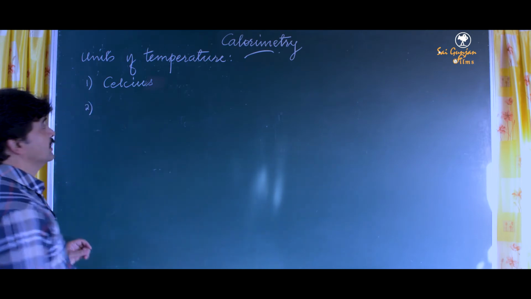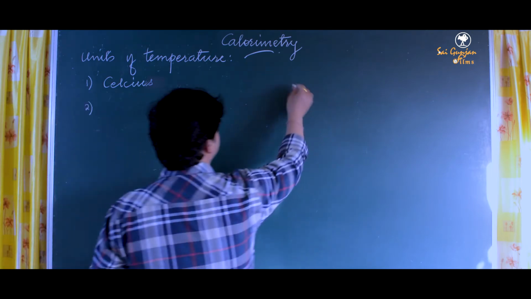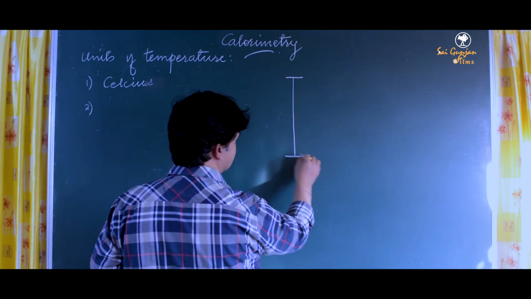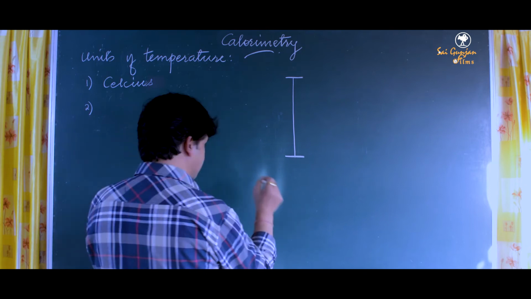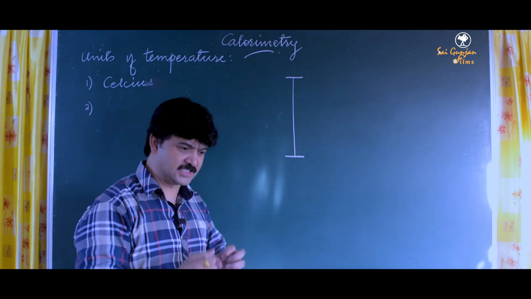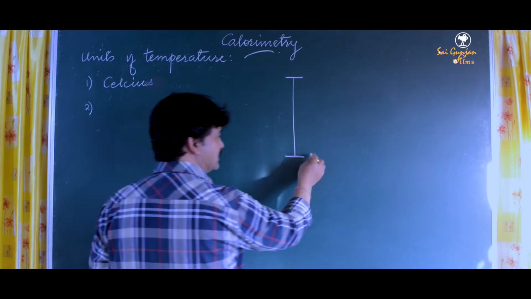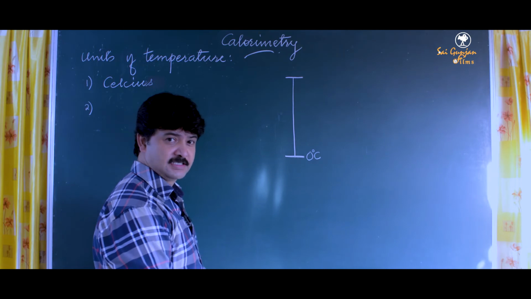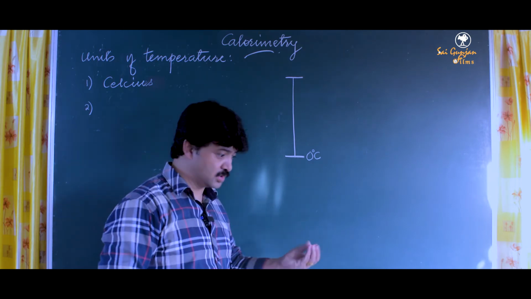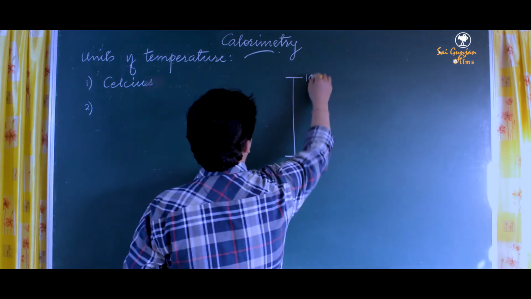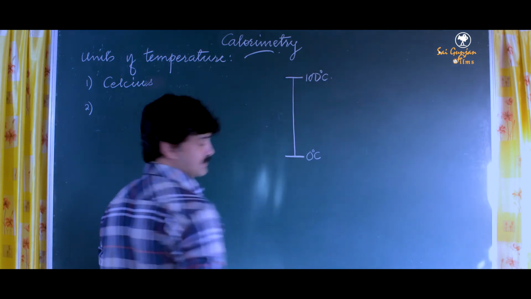Suppose this is the Celsius scale. You must be knowing the temperature at which water freezes into ice, no? That temperature is 0 degree Celsius. And at what temperature does water boil at normal pressure? It is 100 degree Celsius.